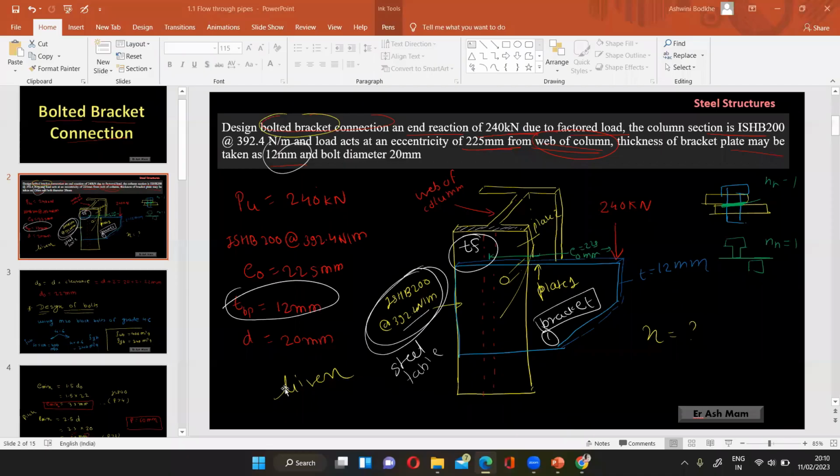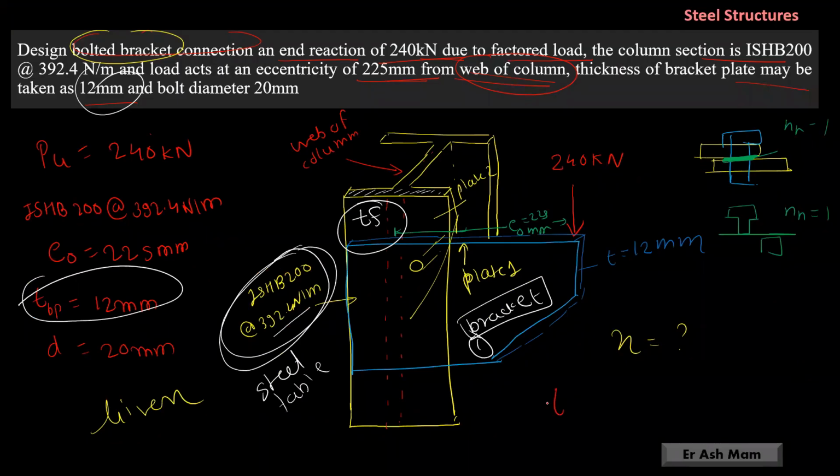So the thickness of flange is equal to 9 mm. The thickness of this flange is 9 mm, and the thickness of this bracket is 12 mm.